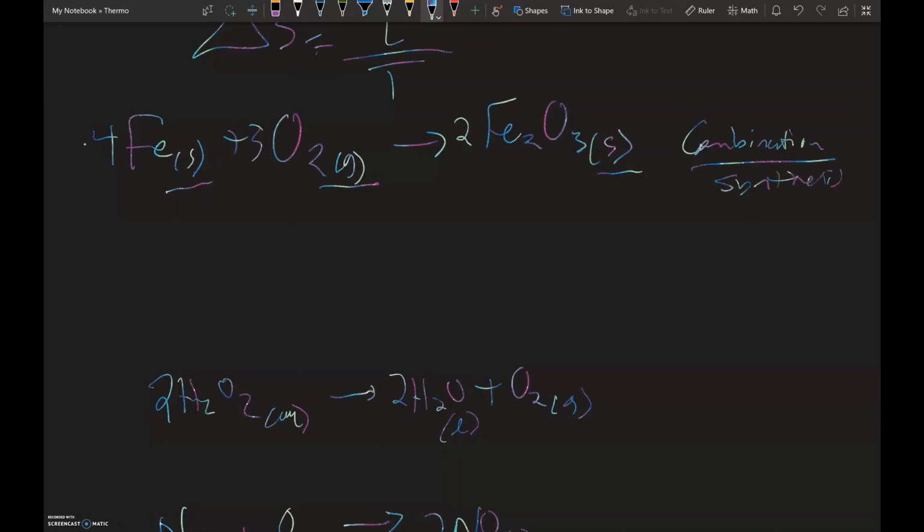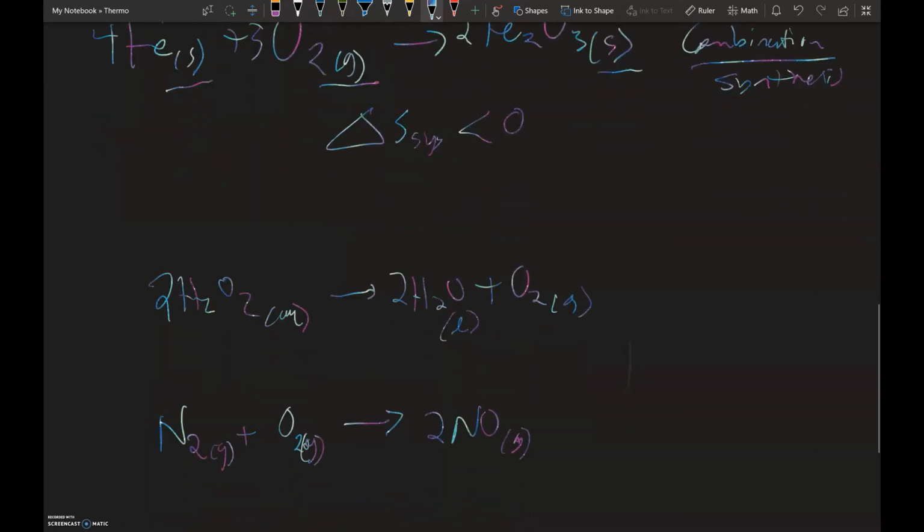Synthesis is where you take two things to make one. So going from 2 to 1 in this particular case, that's going to be going down. It's going to be decreasing the disorder in the system, and so the entropy of the system is going to go down. So that means it's going to be less than 0.